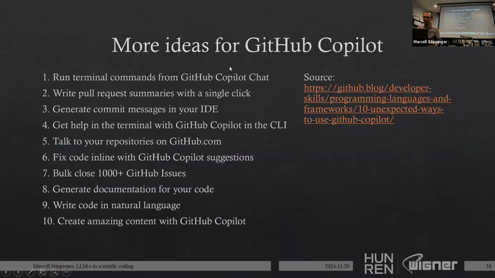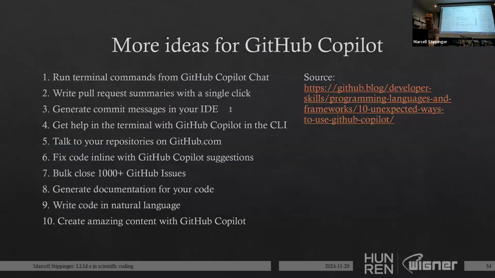And also you can have different lists on the web of some nice features of Copilot. For example, it can write a pull request summary for your commit.